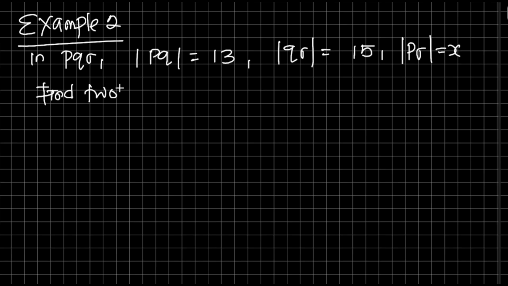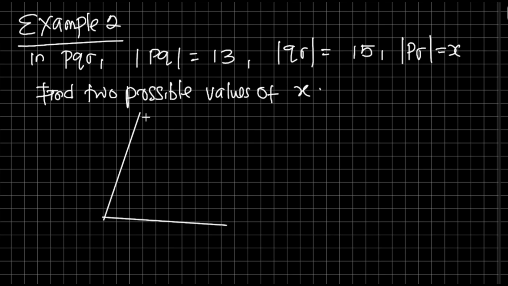Find two possible values of x. Okay, so the triangle is what we have here. This is the triangle. We have Q, we have 13, we have 15, we have P, we have x, we have R, then we have 60 degrees.